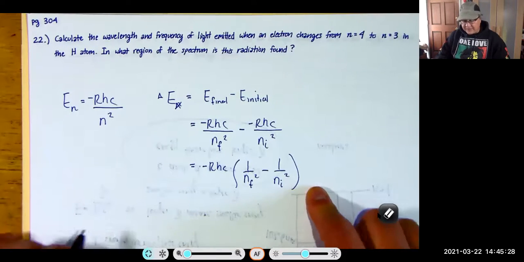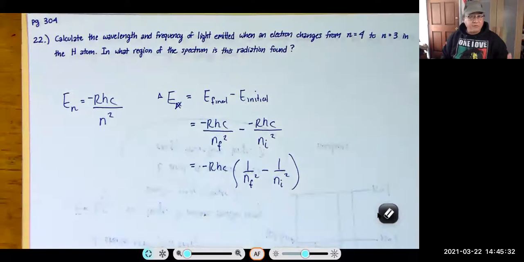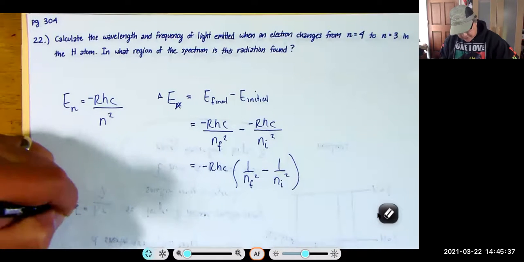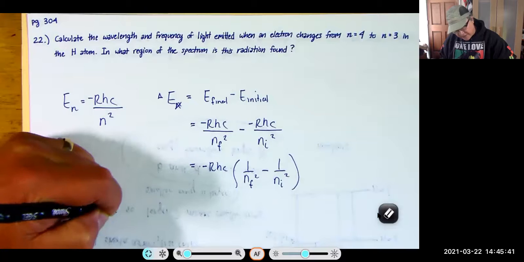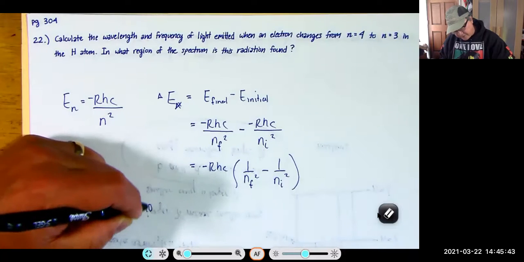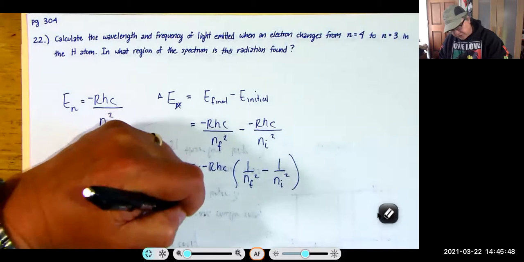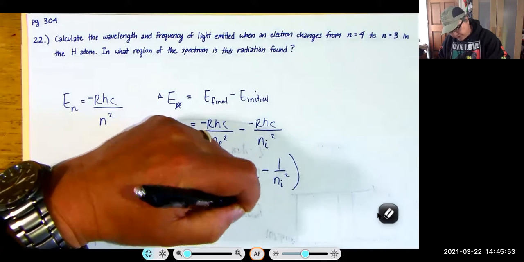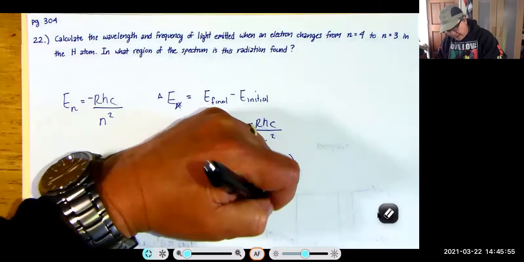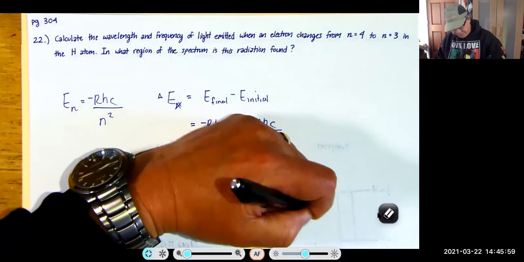So let's calculate the change in energy that occurs for this type of change where you go from the fourth to the third. So the change in energy is going to be negative R, negative 1.0974 times 10 to the 7th meters to the minus 1, 6.626 times 10 to the negative 34 joule seconds, and 2.998 times 10 to the 8th meters per second.